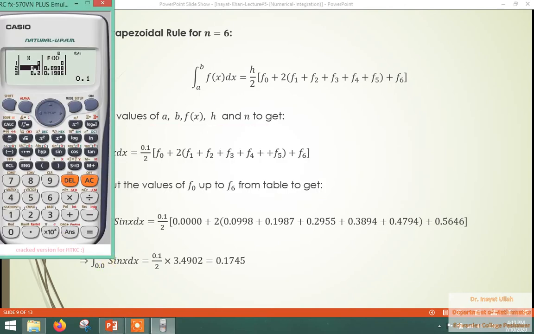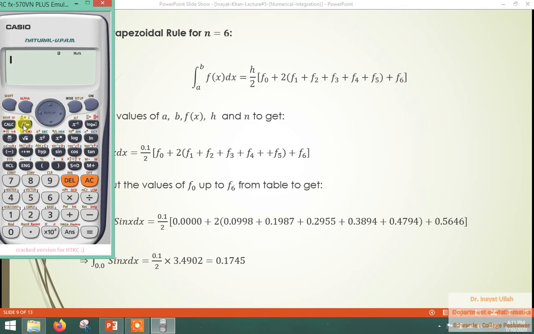What is the exact value of the function? You can calculate it with the help of a calculator. How could you calculate the exact value of this function sine of x? We just need to keep this calculator in computation mode, which is 1. So this is the computation mode. We see here, this is a button which tells you that this is the definite integral.